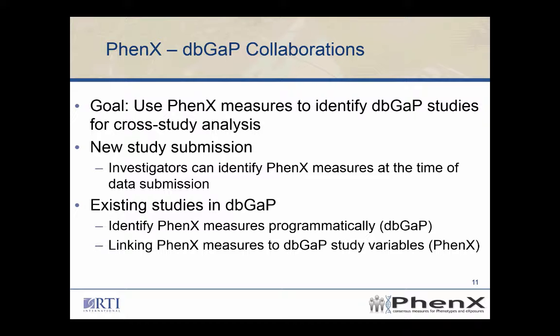Some definitions: in PhenX, the domain is a topical area with unifying themes like psychiatric, and the measure is a certain characteristic of a subject, like depression here. The protocol is really the standard procedure for collecting the data. In this case, we have one protocol for children and one protocol for adults. And the variables are the data elements. We have the protocol IDs in front of the keywords in the variable name.